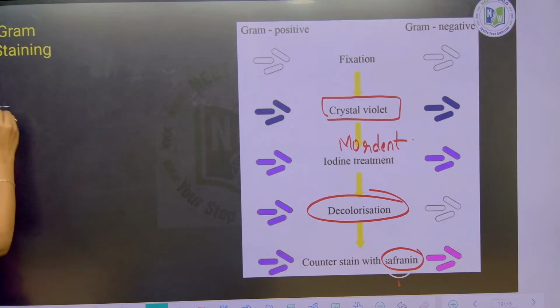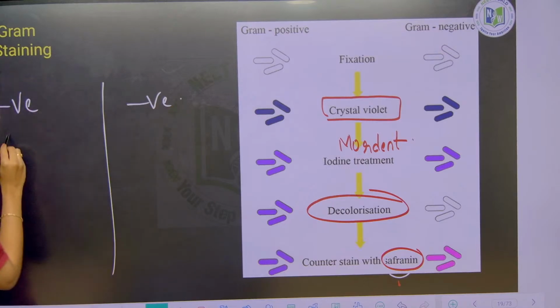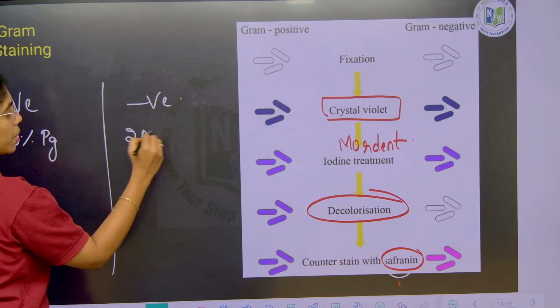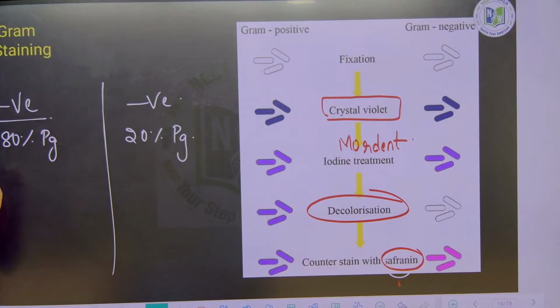So, here if we observe gram positive and gram negative bacteria, the major difference is 80% peptidoglycan here, and 20% peptidoglycan here. Gram positive bacteria are composed of murein. I told you, peptidoglycan: pepti means proteins, which consist of amino acids, and glycan means glucose units, present in the form of NAG units, N-acetyl glucosamine units, that is known as murein.